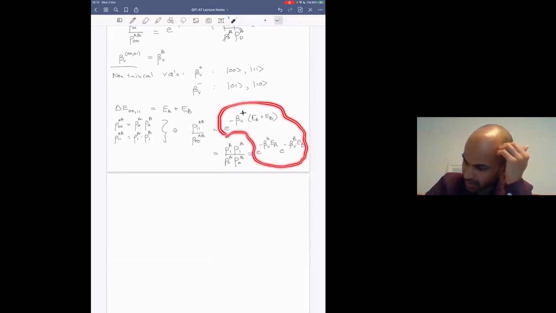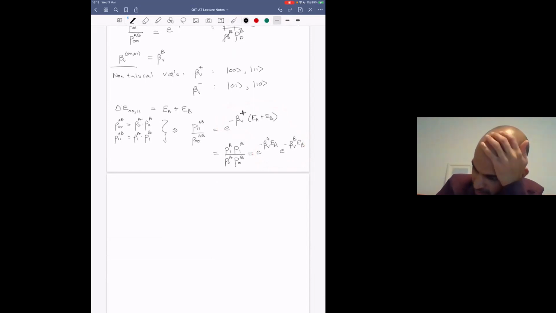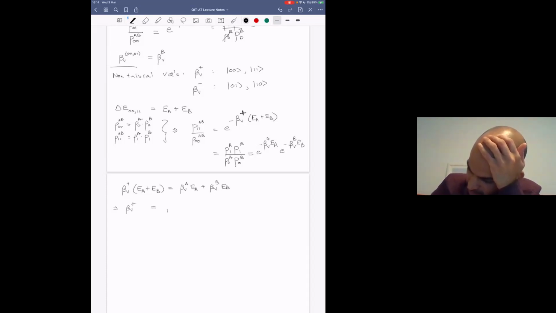So this part here, I can take it out of the exponent. On both sides, I take the log. And what I get is beta V plus times EA plus EB is equal to beta VA EA plus beta VB EB, which essentially results in beta V plus is beta VA times EA upon EA plus EB plus beta VB times EB upon EA plus EB.